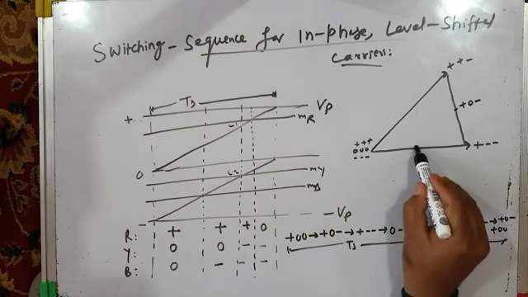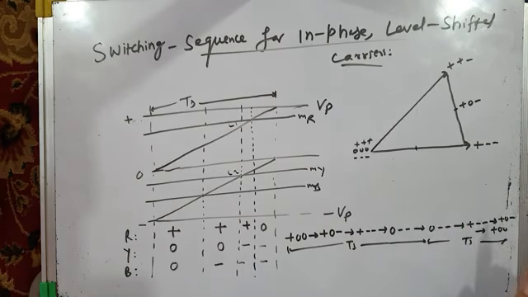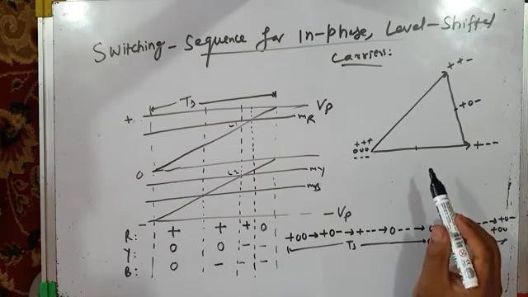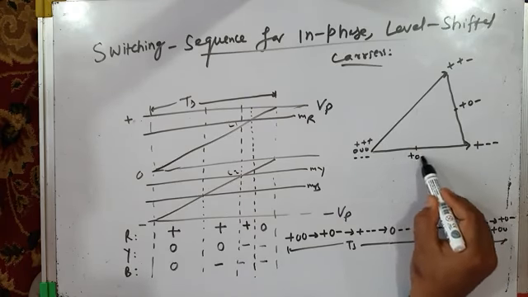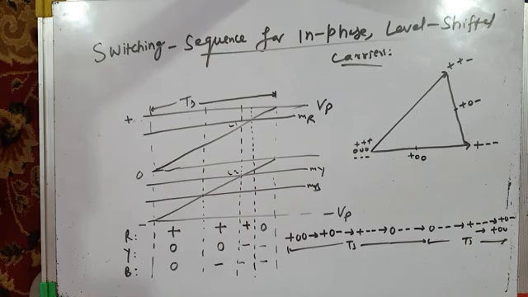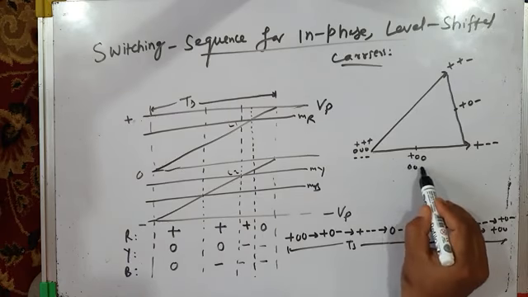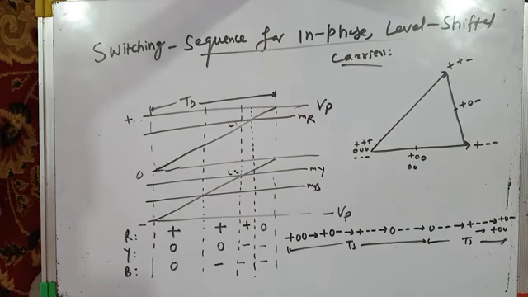This is plus 0 0 and 0 0 minus. Let me check it.